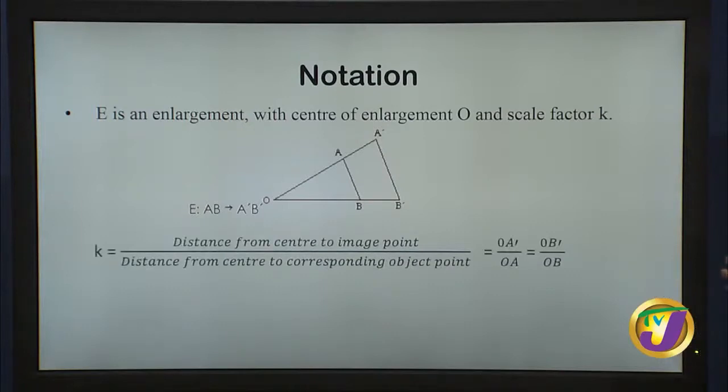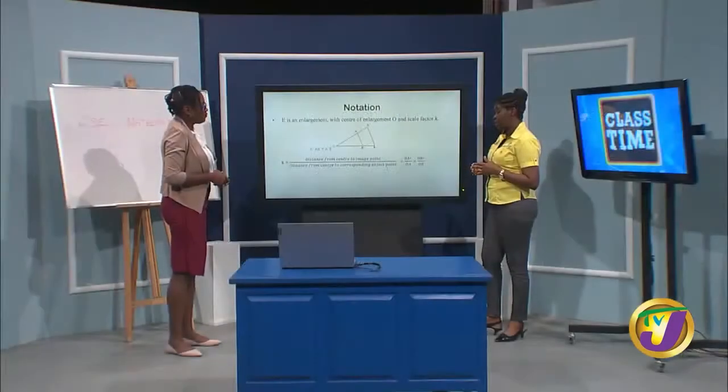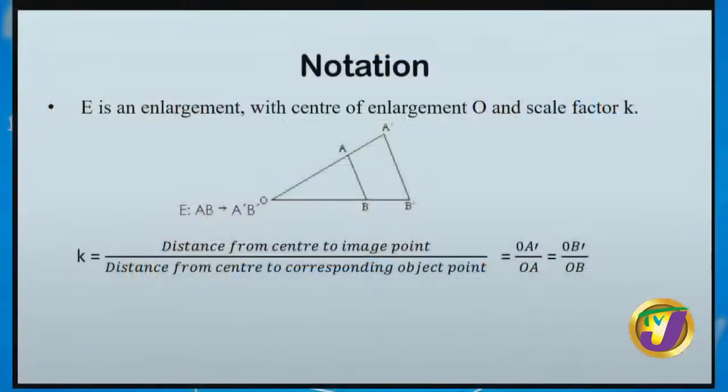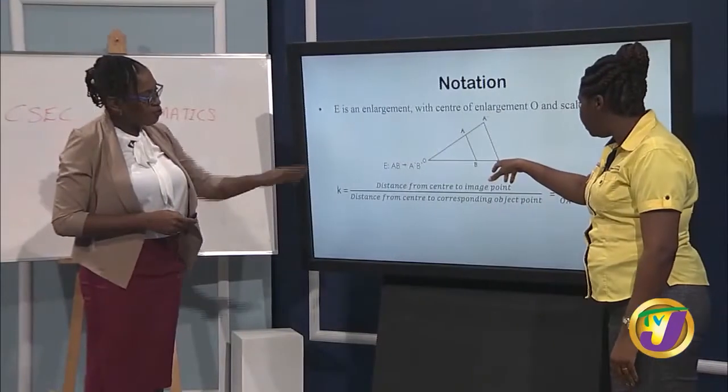All right, so our K, or scale factor. If we're given a situation where we don't know the scale factor, but we're going to need it, so we need to find it, and we have the image and the object, how do we use these two to determine our scale factor? We would look at the distance from the center of enlargement to a point on the image.